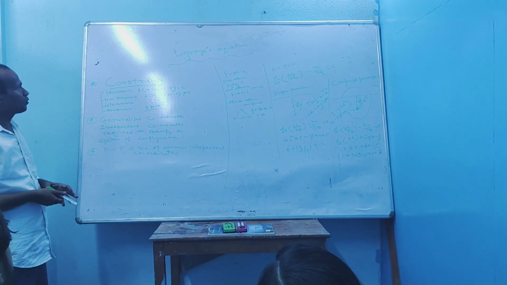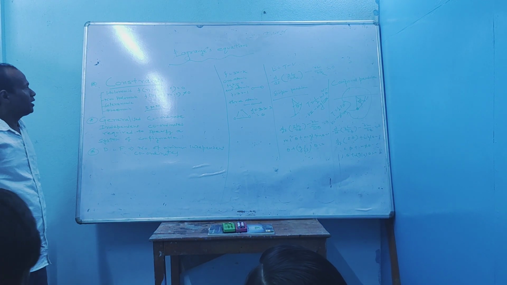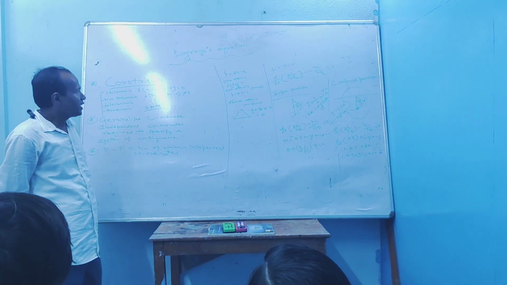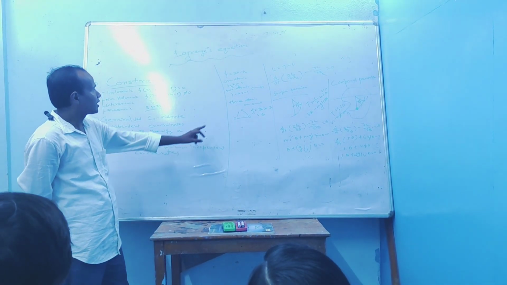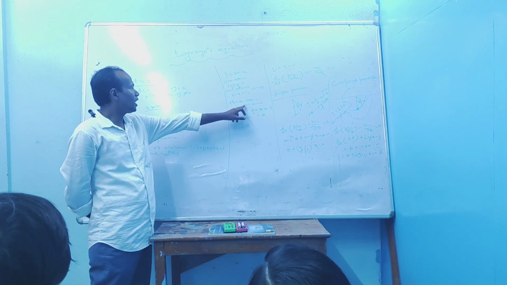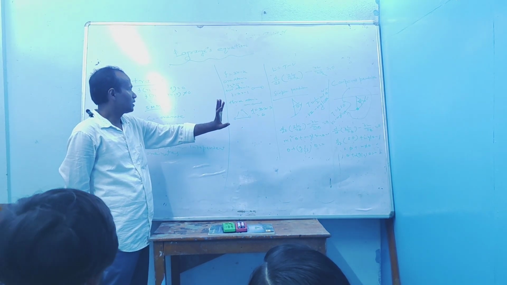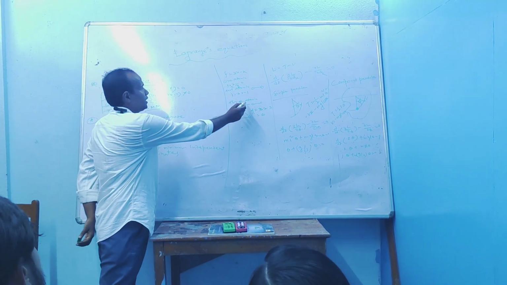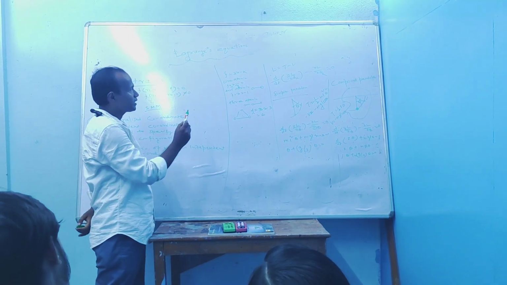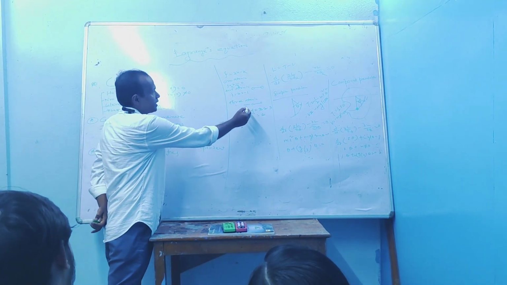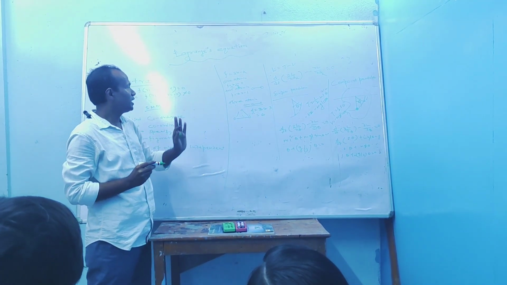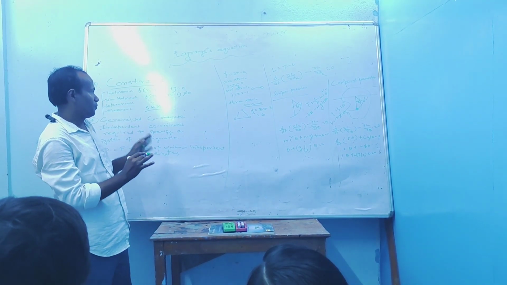Similarly, we can determine the degrees of freedom for diatomic, triatomic systems. If I take the example of a triatomic system, that is 1, 2, 3 particles, the restrictions or conditions are 1 or 2. That is, if the particles are arranged in a straight line, two conditions or restrictions can be applied.